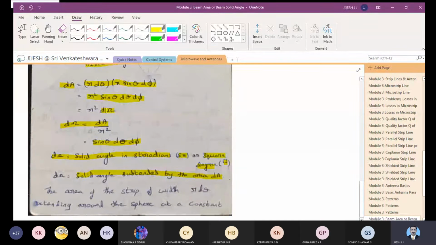In problems also d omega will come, and you substitute sin theta d theta d phi, or dA divided by r square. d omega is called the solid angle subtended by an area dA.